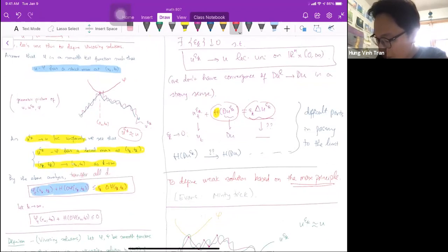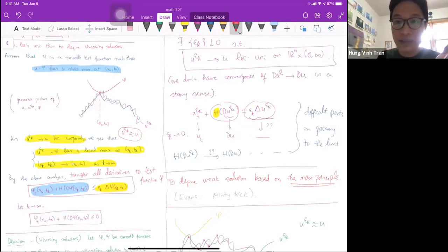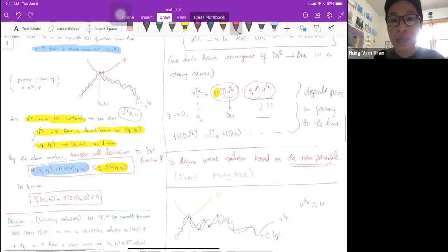It's the maximum principle. We have been able to transfer all derivatives to the test function phi. It's really amazing, it's remarkable. The test function phi is fixed, chosen in the first place, and now we let k go to infinity.